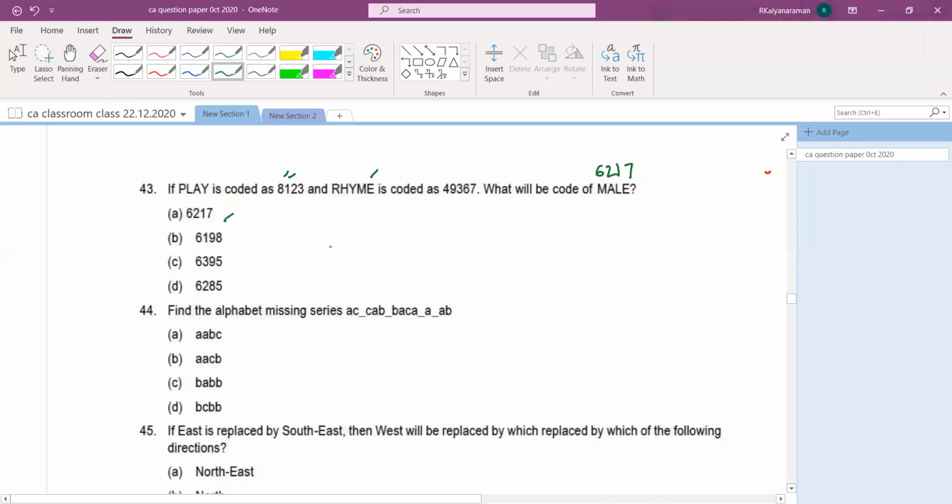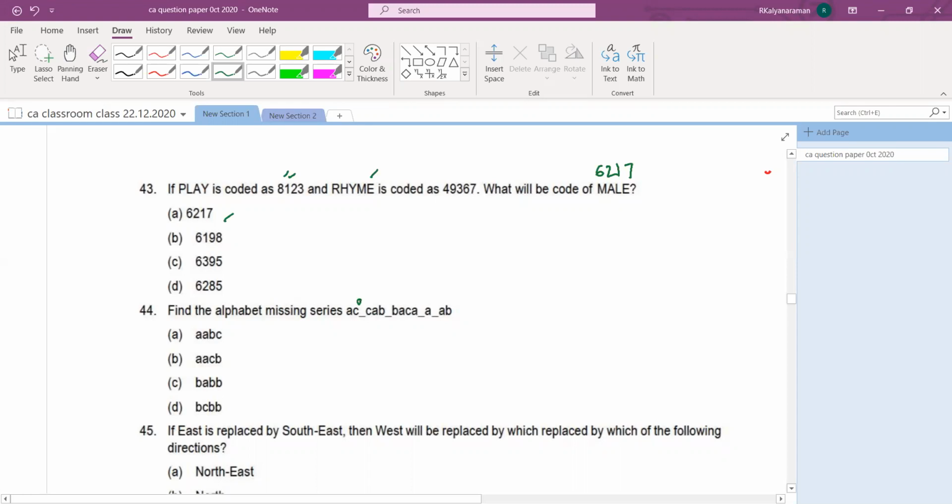Okay, find the alphabet missing in the series. If I take this as A, for example, we'll go from the option testing.